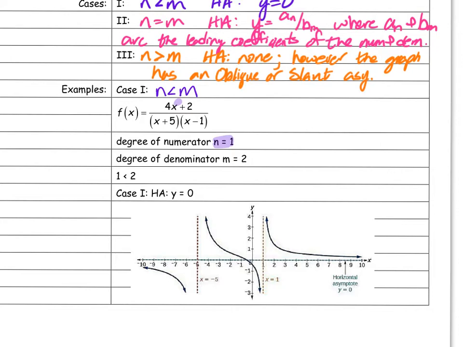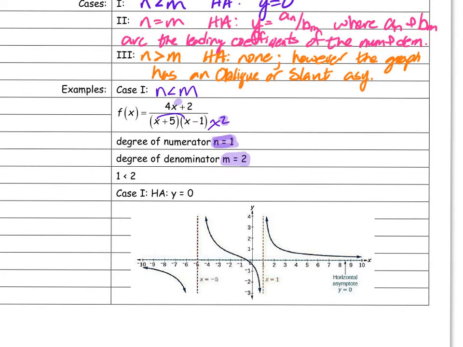If I look at my denominator and multiply them together, x times x is x squared, which means my degree is 2. That gives me an m of 2. If I'm finding my degree, I want to make sure they're multiplied together. That tells me that 1 is less than 2. So n is less than m.